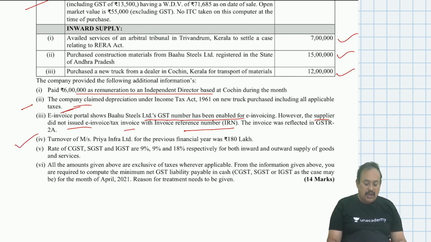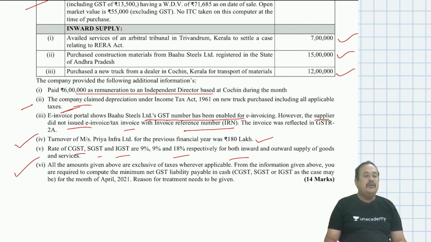Next one, turnover of Mrs. Priya Infra Limited for the previous financial year was 180 lakh. The rates of CGST, SGST, IGST are 9%, 9% and 18% respectively for both inward and outward supply of goods and services. And the last point, all the amounts given above are exclusive of taxes wherever applicable.